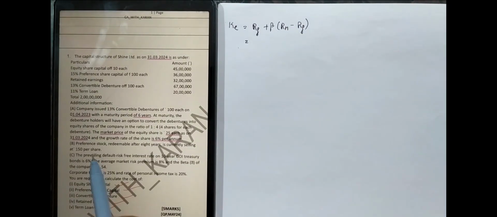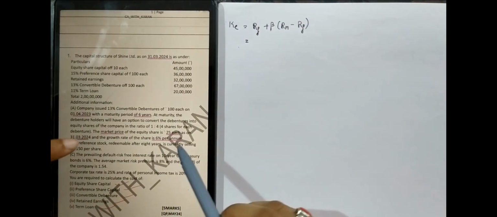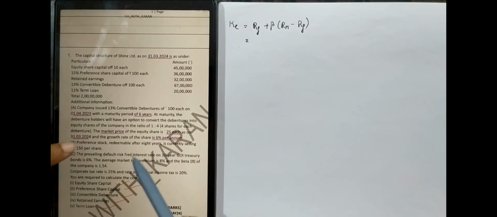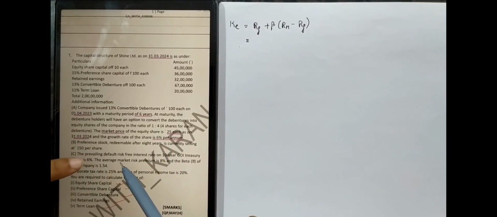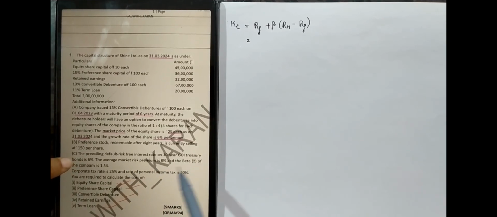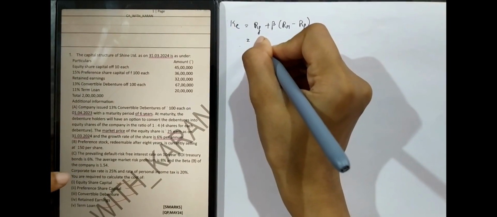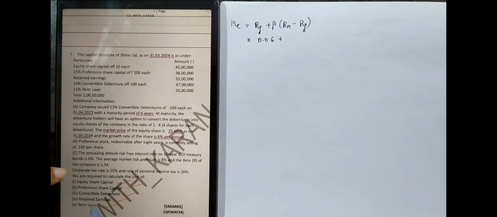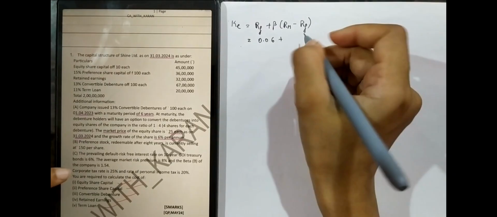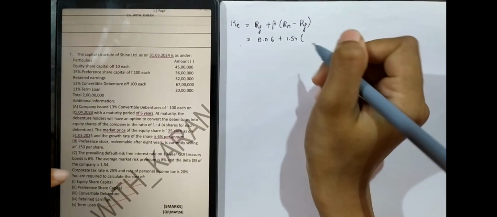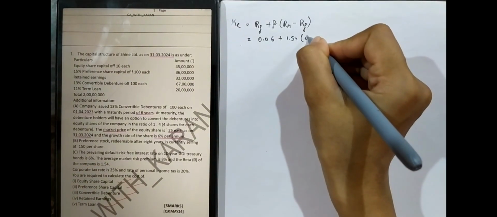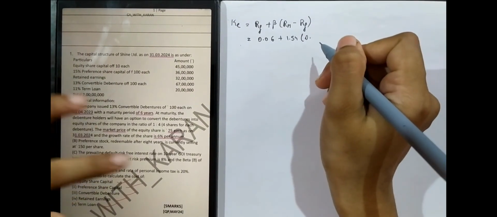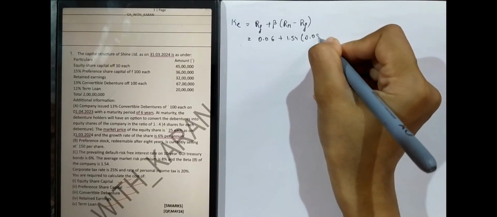Here RF, the risk free rate of return, is the prevailing default risk-free interest rate on 10-year Government of India Treasury bond, which is 6%, 0.06, plus the beta value of 1.54 into the average market risk premium, that is RM minus RF, which is 8%.